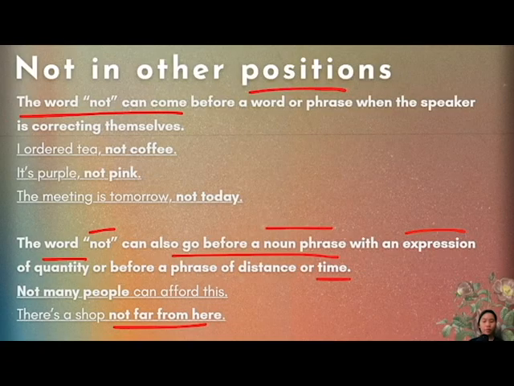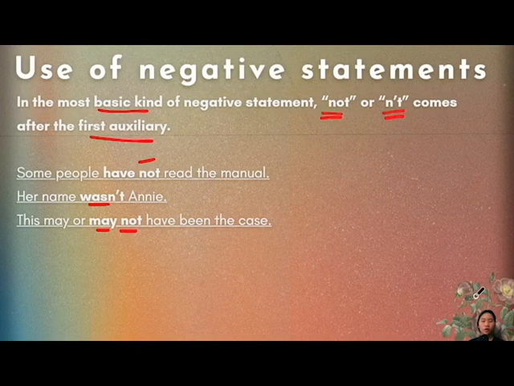Now let's go back to the beginning of the lesson and go through all of this again at a faster pace as a review. The use of a negative statement. The most basic kind uses not, and this suffix comes after the first auxiliary verb. Some people have not read the manual. Her name wasn't Annie.